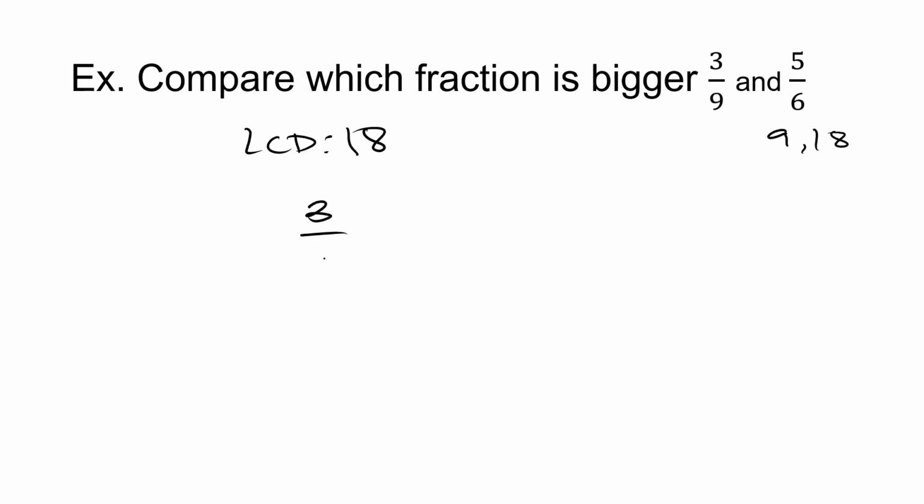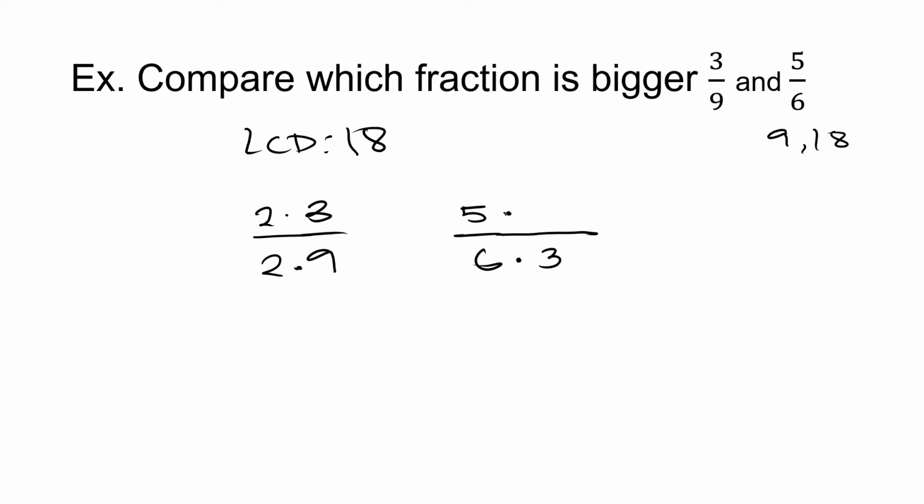What number do we multiply to 9 to go to 18? 2. So we also multiply the top with 2. Now we do the same thing with the bottom. What number do we multiply to 6 to go to 18? You can use your calculator. 3. 6 times 3 is 18.